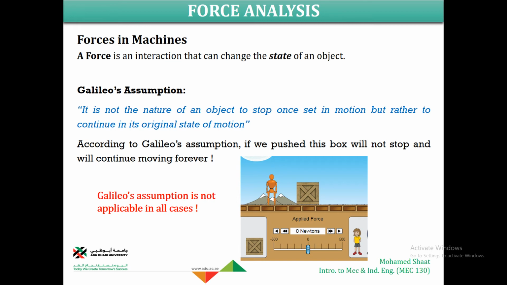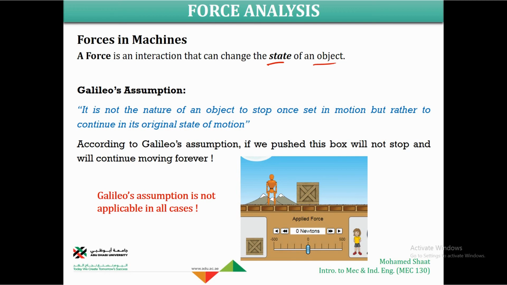Anything whose intention is to change the state, this is the keyword, of an object. So what is a state? For example, if you have a box like the one shown in this image, this box is stationary. It is not moving. So this is a state. If I ask you to describe the state of this object, it is stationary.